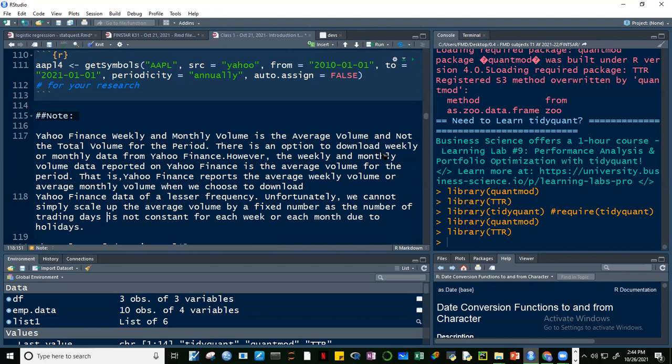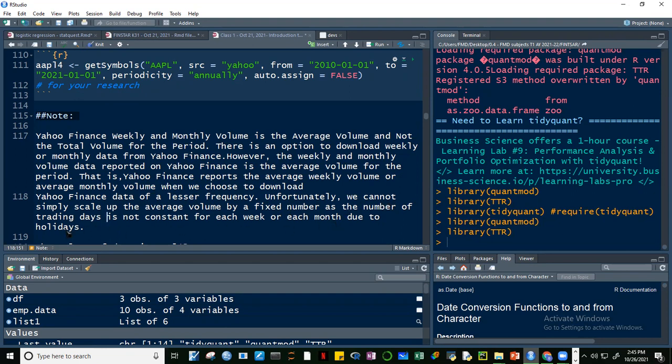There's an option to download weekly volume data reported on Yahoo Finance. It's the average volume for the period. However, the weekly and monthly period that Yahoo Finance reports is the average weekly volume or average monthly volume when we choose to download Yahoo Finance data of a lesser frequency.